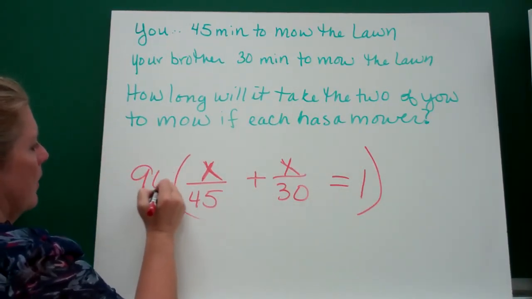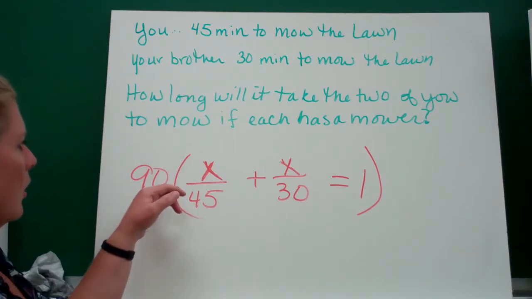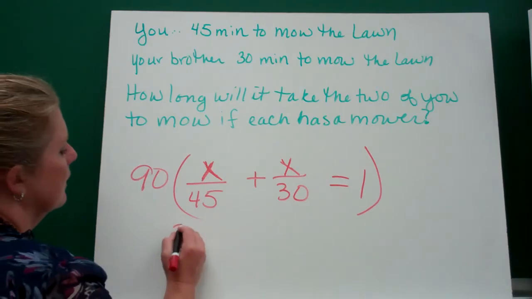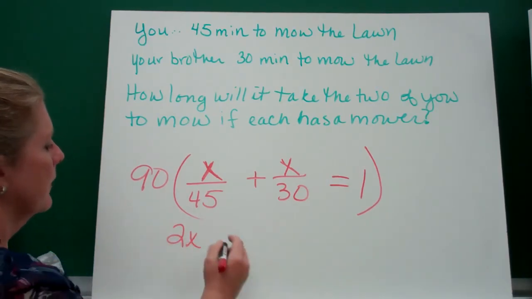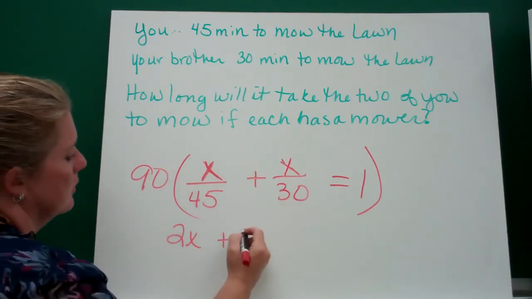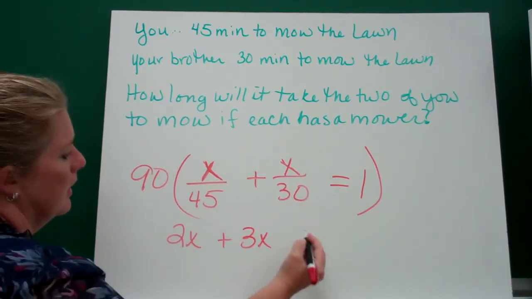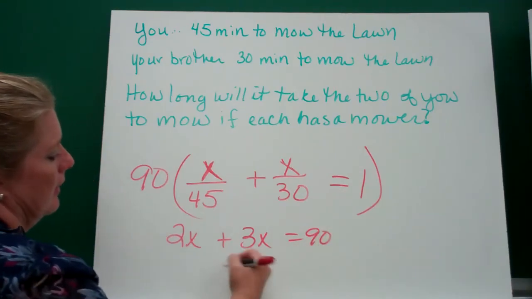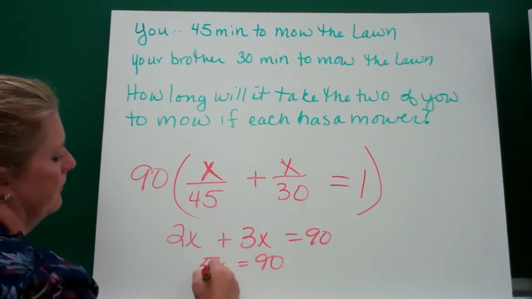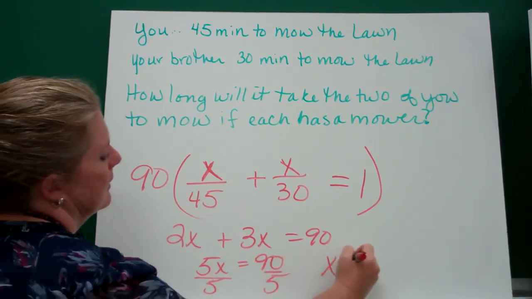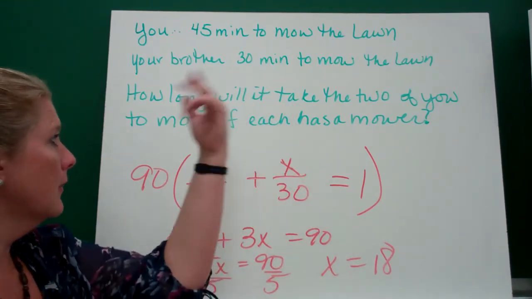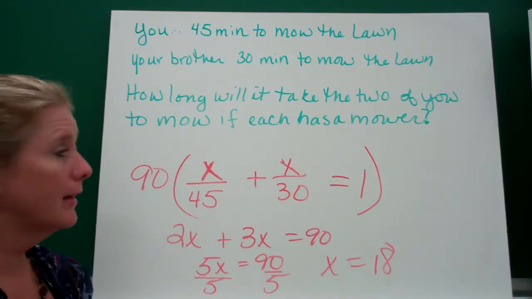The least common denominator is 90. 45 goes into 90 2 times, so that's going to leave us with 2x, plus 30 goes into 90 3 times, so that's going to be 3x, equals 90. Add them, 5x equals 90, divide, x equals 18. So if you and your brother work together, it will take you 18 minutes to mow that lawn.